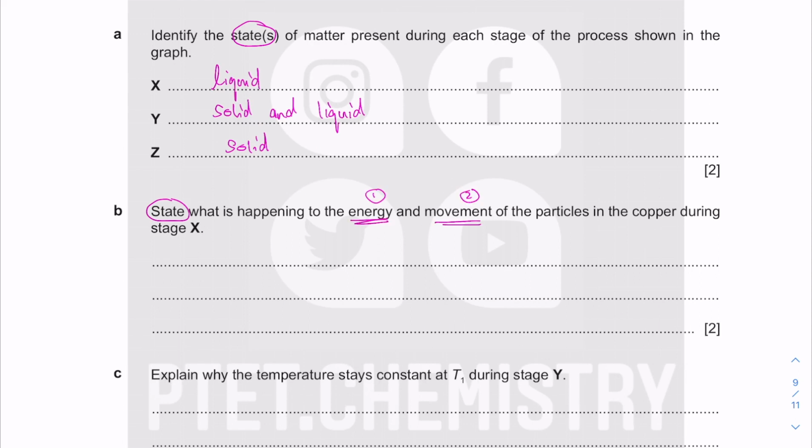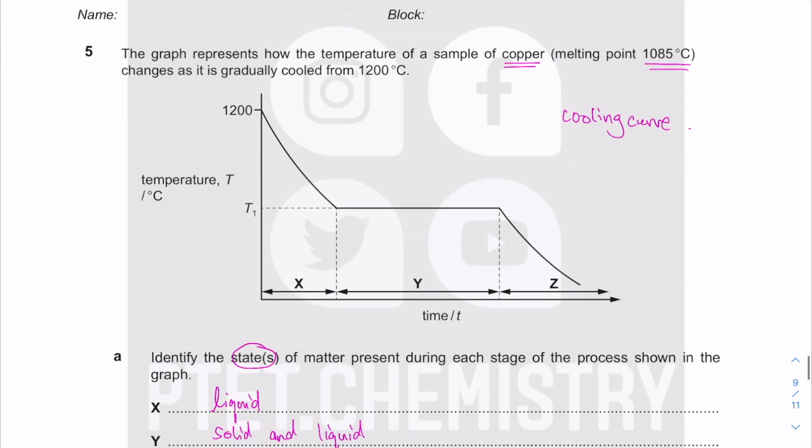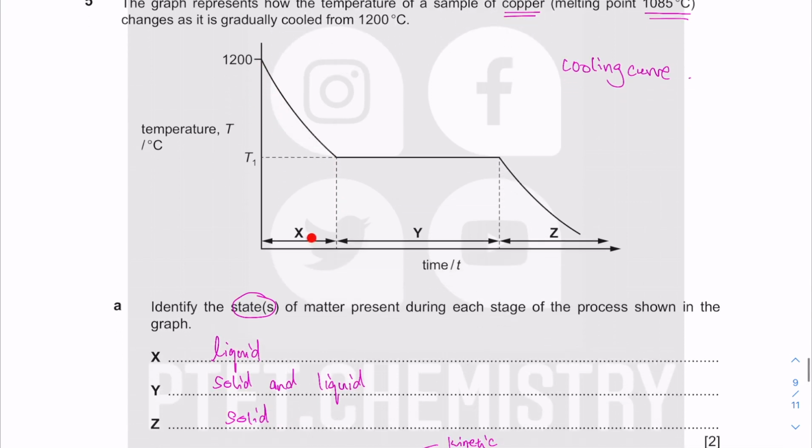State what is happening to the energy, and movement. Just now we kept talking about movement and packing. When you have energy, they are really talking about the kinetic energy, how fast you move. During stage X, it is not freezing. X is still the cooling down of the liquid. It is still a liquid, not a solid at all. But the temperature is going down.